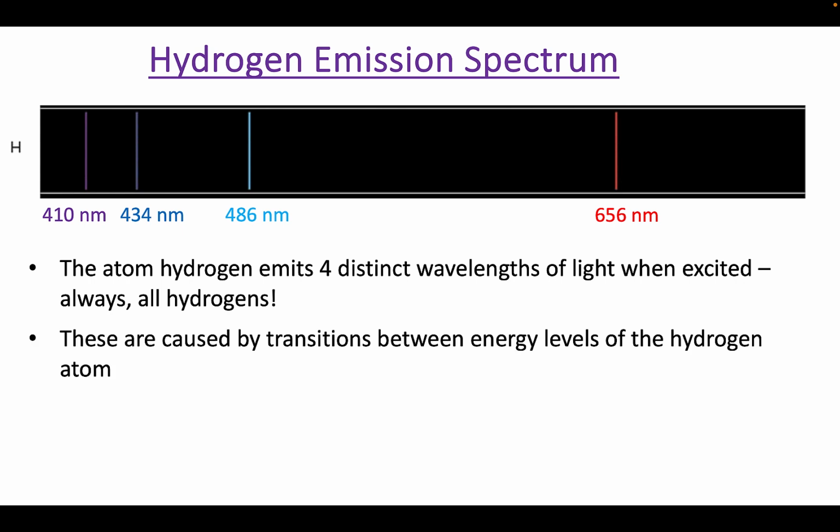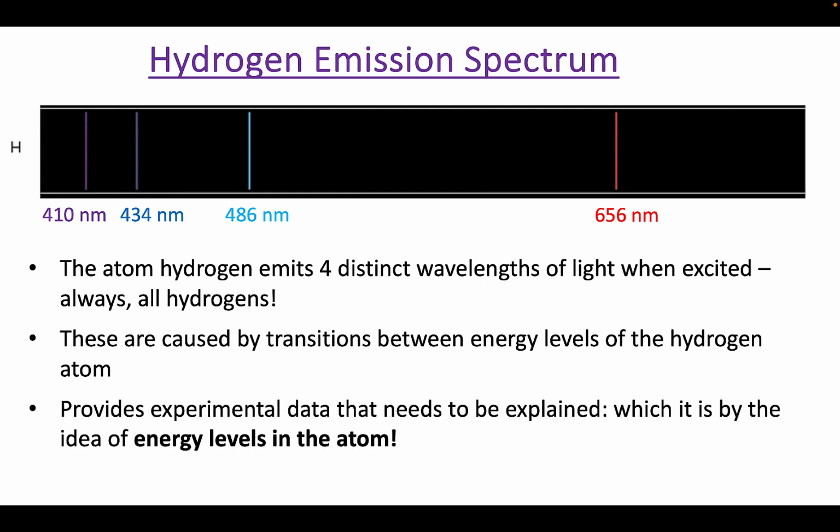So what is the significance of this? This is the transitions between energy levels within the hydrogen atom. And it shows not only are these electrons bound to certain energy levels because the transitions are bound to certain values, but that all hydrogens have this same value. All hydrogen have these same specific transitions for these specific states.